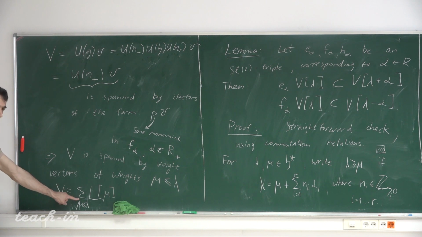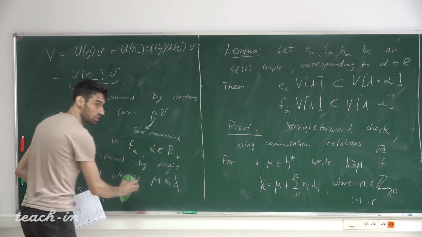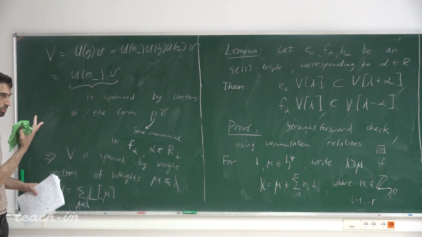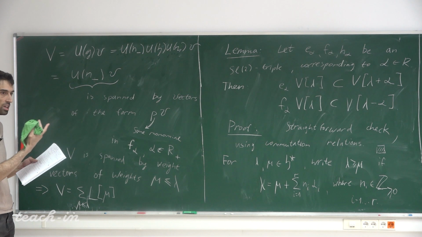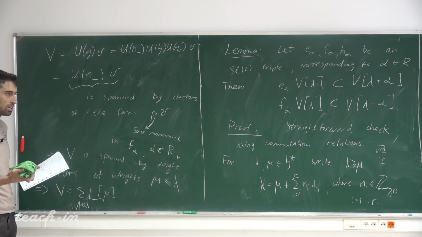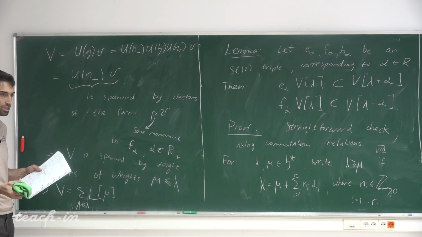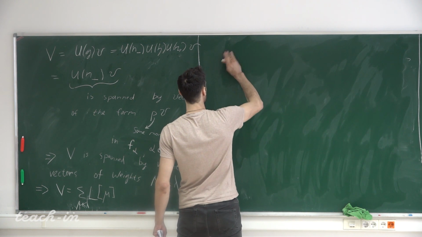But I need a direct sum. This just follows from linear algebra, that a bunch of vectors of different weights are linearly independent. Here I refer to linear algebra.